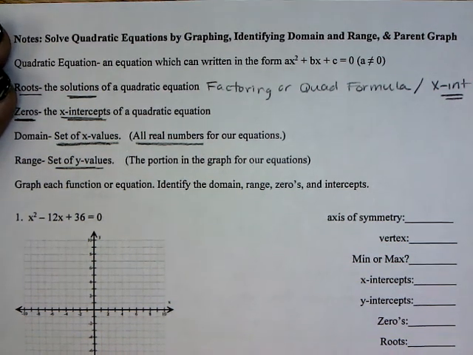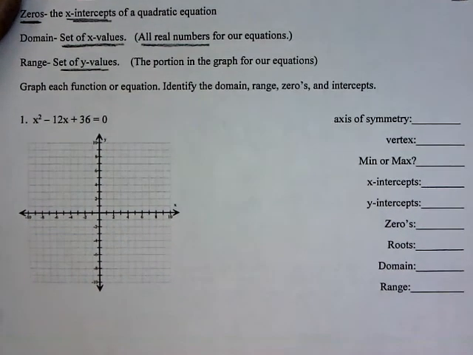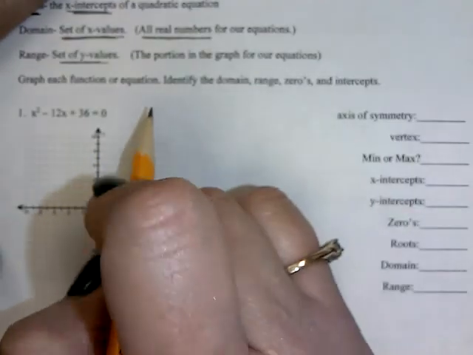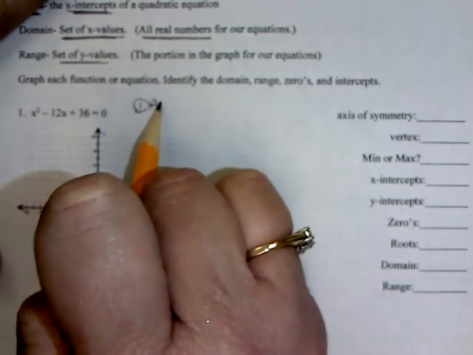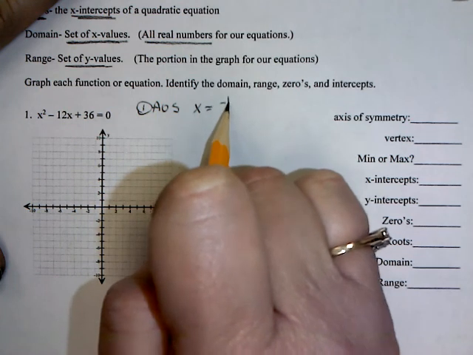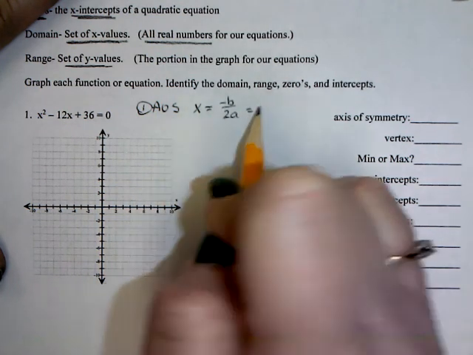So let's start graphing. For our first example, we're going to start off the same way we did everything before. The first thing we need to do is find our axis of symmetry. Axis of symmetry, just like before, is x equals negative b over 2a.